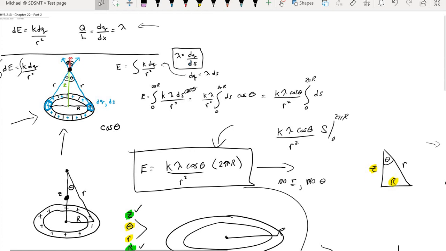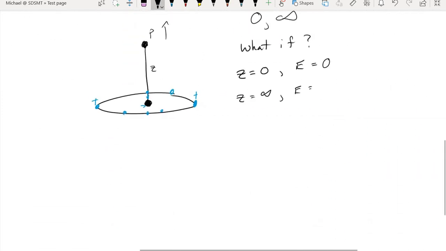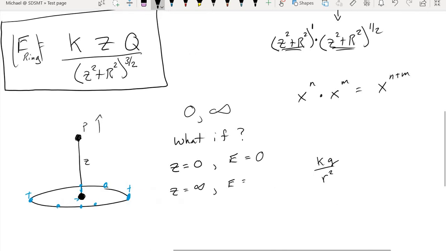We said that the ring would start looking like a point, and so maybe we could just use the point charge expression for the ring. Okay, that's fine. You can try that. But if you go all the way out to infinity, now we can try this with both expressions. This is the point charge expression, and we also have our ring expression.